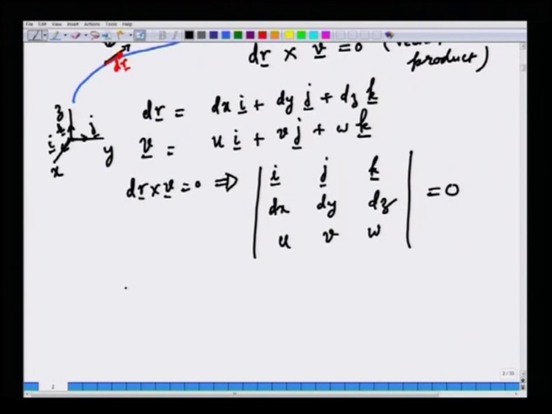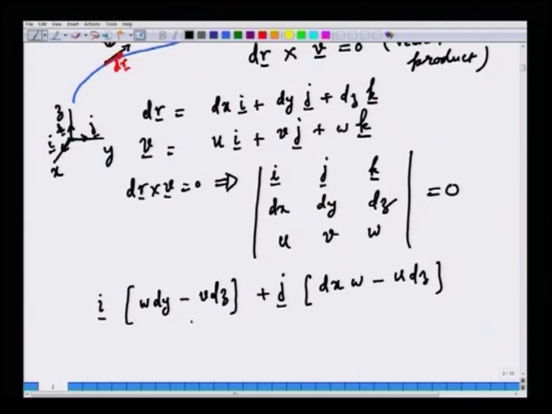This implies i times (w dy minus v dz), plus j times (u dz minus w dx), plus k times (v dx minus u dy), is 0.